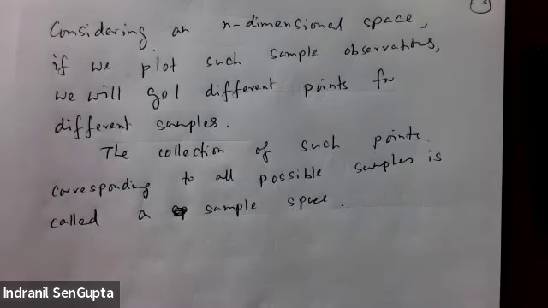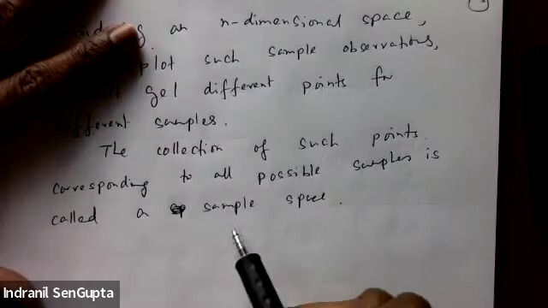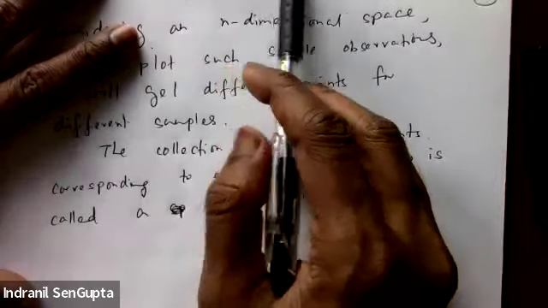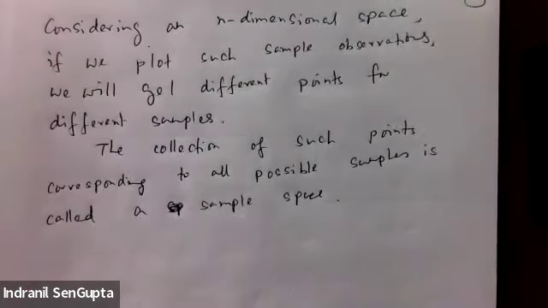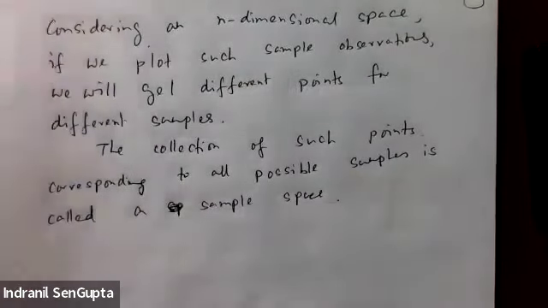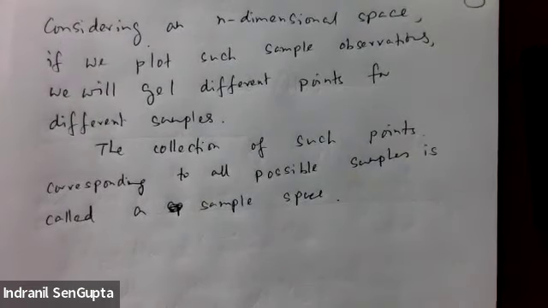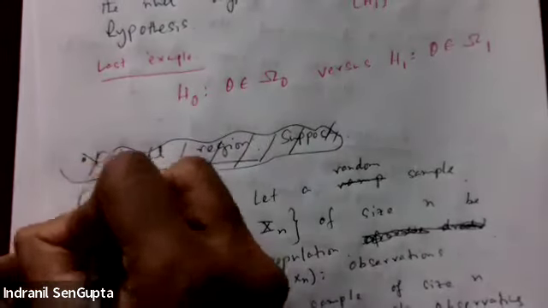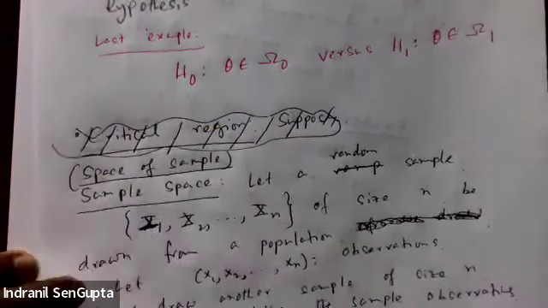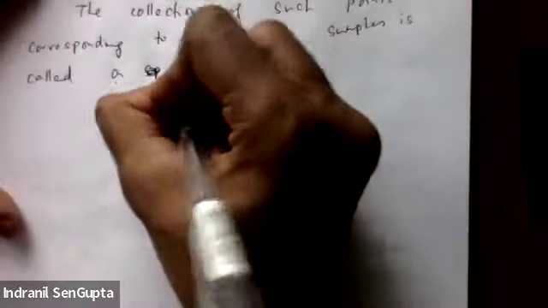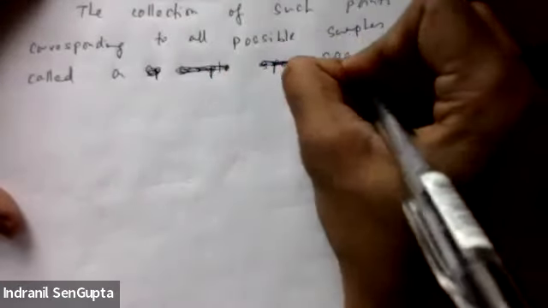So in this case we have n numbers for a sample. We just dump all possible samples in that set, and we call it the sample space, or I think more appropriately, the space of sample.